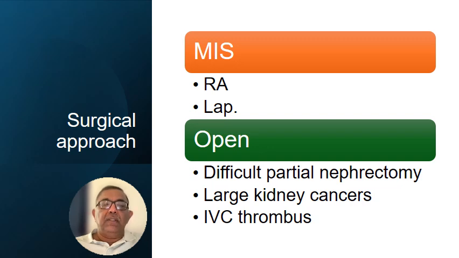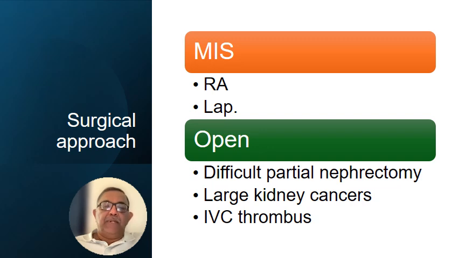The majority of the upper tract surgeries, including kidney cancer surgeries, are now performed by minimally invasive surgery, which includes both laparoscopy as well as robot-assisted surgeries. Laparoscopy perhaps still has a significant place in urology for kidney cancer surgeries. However, open radical nephrectomies and partial nephrectomies have a very clear, definitive role.